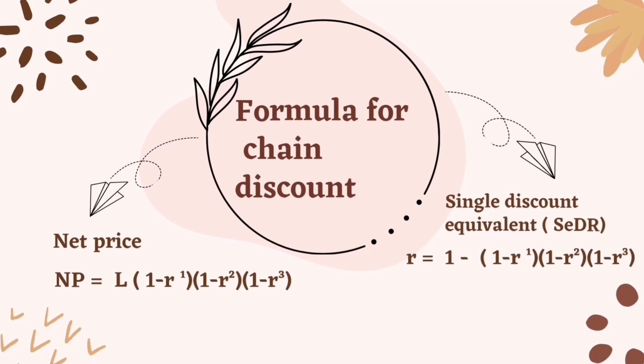First is net price, NP equals L in bracket 1 minus R1 multiply 1 minus R2 multiply 1 minus R3. Next is the single equivalent discount rate, known as SETR. The formula is R equals 1 minus bracket 1 minus R1 multiply 1 minus R2 multiply 1 minus R3.